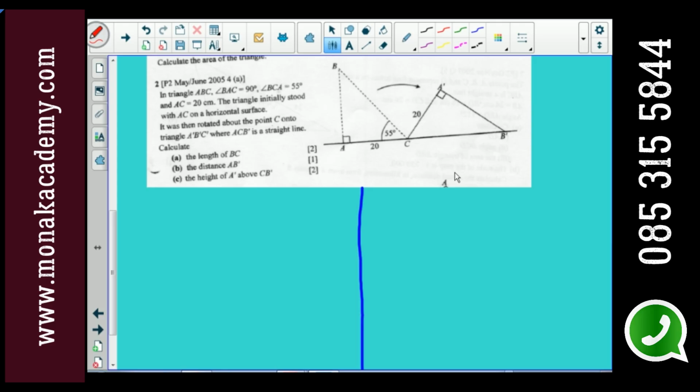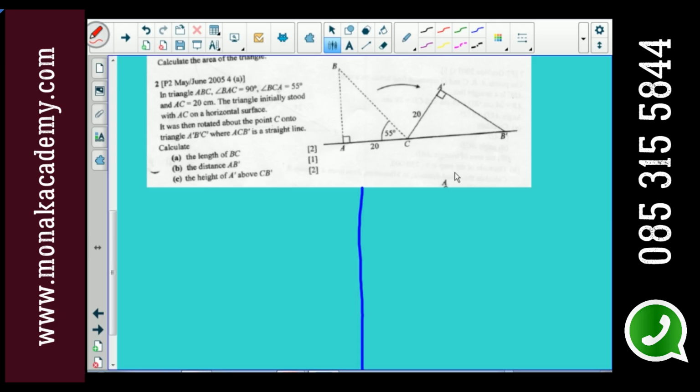All right, so the first thing to know is that the triangle ABC, it's a right angle triangle, right? We are given one side and one angle. That's the only information we have.